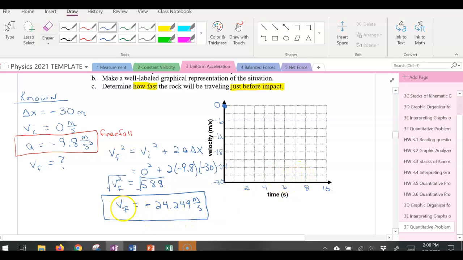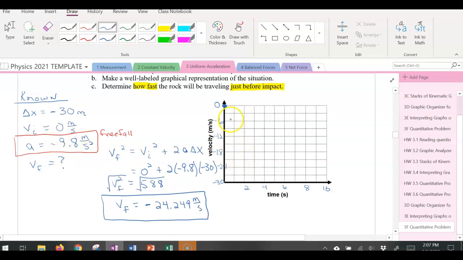Well, we have just figured out that the final velocity is going to be -24, but again, I don't know how long it's going to take to fall. I do know that the slope of my velocity versus time graph should be -9.8. Just for the ease of graphing, I'm going to round that to 10.